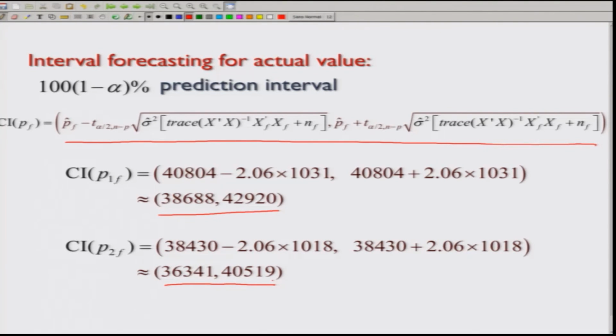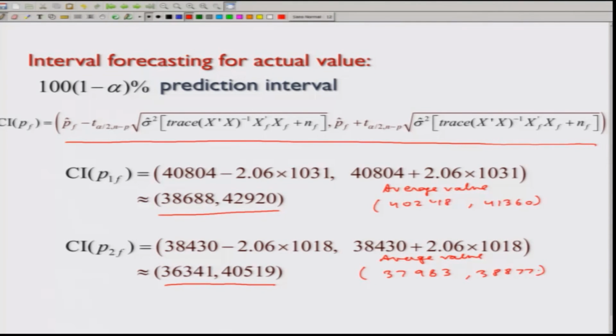You may also observe one thing over here, that earlier when we tried to forecast the average value, corresponding to the first set of observation, this prediction interval was 40248 to 41360, and in the case of the second set of observation, this average value prediction interval was 37983 to 38877.